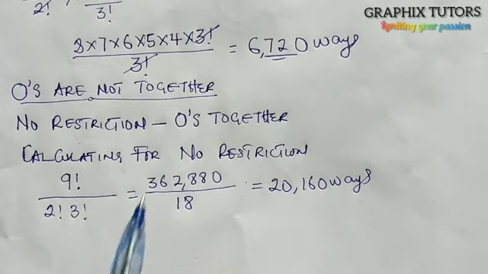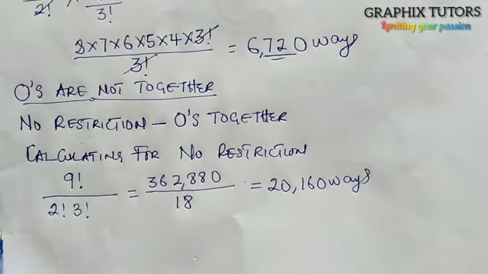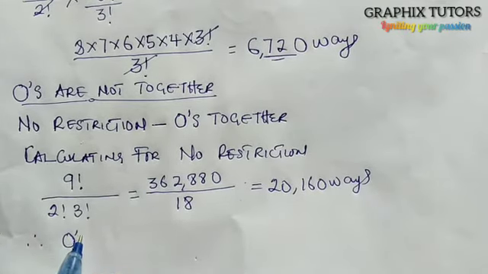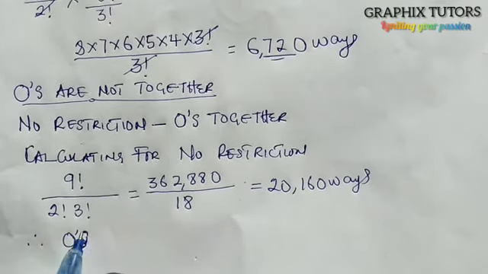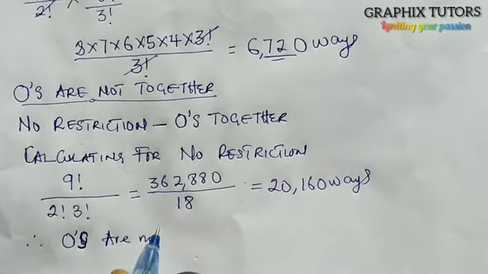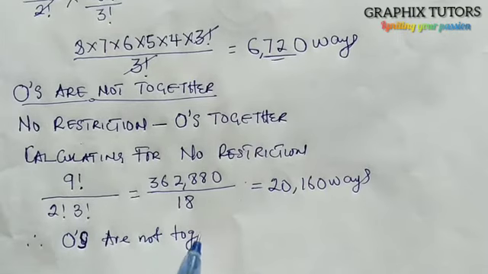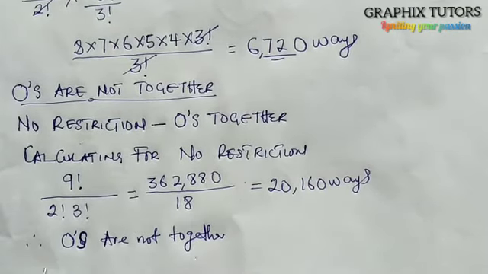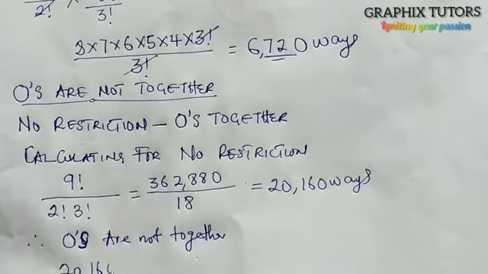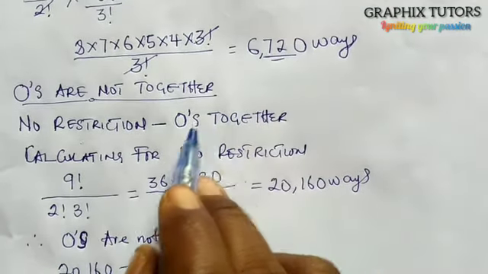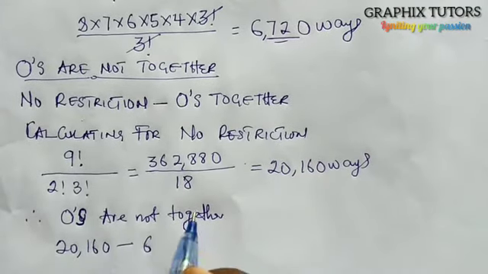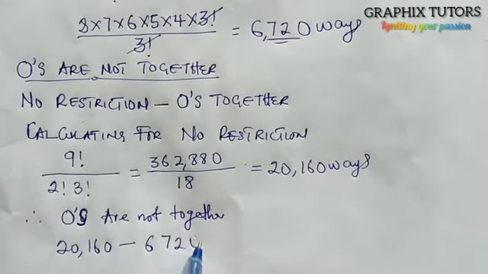Now you input them there. Therefore, my O's not together will be no restriction, which is 20,160, minus O's together, which is 6,720.